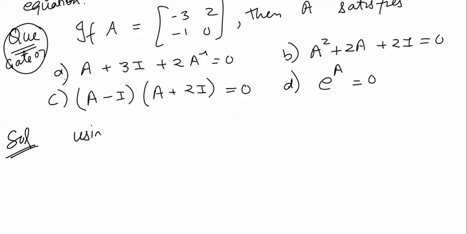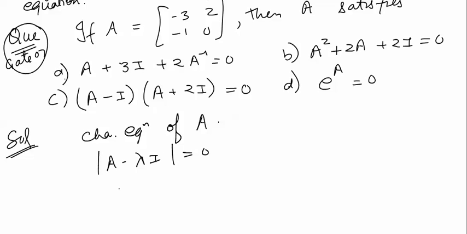Initially, first find the characteristic equation, then we will use it. The characteristic equation of A is the determinant of A minus lambda I equal to 0. If you substitute this, it becomes the determinant of [-3 minus lambda, 2; -1, 0 minus lambda] equal to 0.